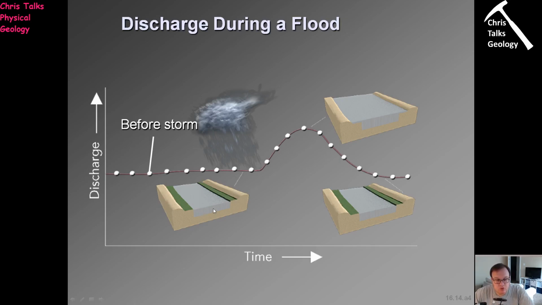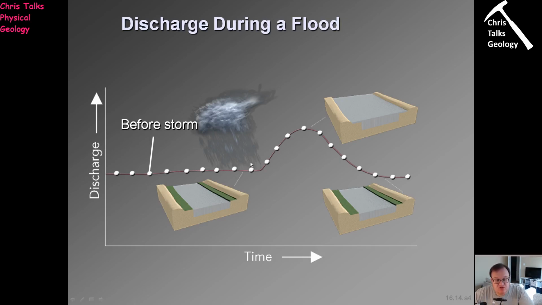Because you're going to have more water in your river, so your river is going to slowly increase in volume. And so it's going to increase in surface area. The width and the height of the river is going to increase. And there's also going to be an increase in the river's velocity as well, because your river is trying to get that water out of the system as fast as possible.